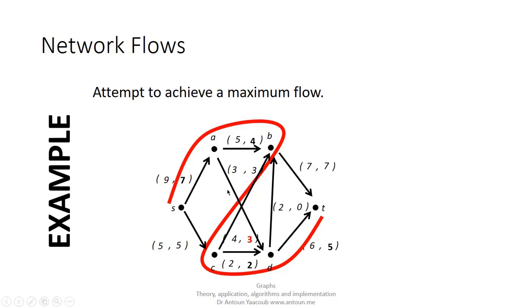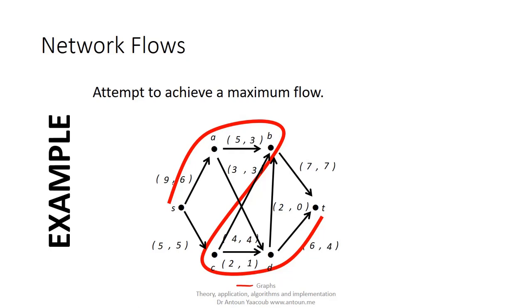After doing that, we can consider S, A, B, C, D, T. The minimum slack on the forward arcs, as we have seen, is equal to 1, and the flow on the reverse arc BC is equal to 4. So we can augment the flow by 1 in the forward arcs, and decrease the flow by 1 in the reverse arc. So we have found the minimum slack, so I will repeat.